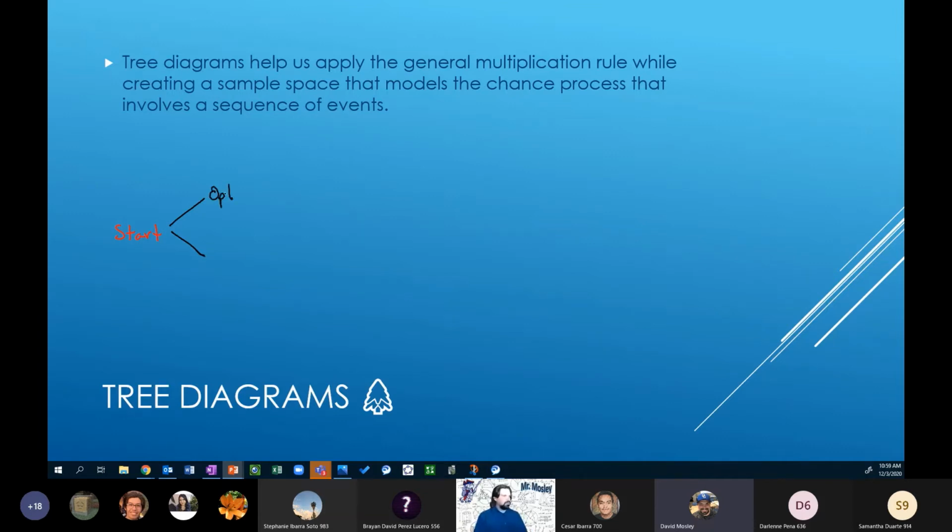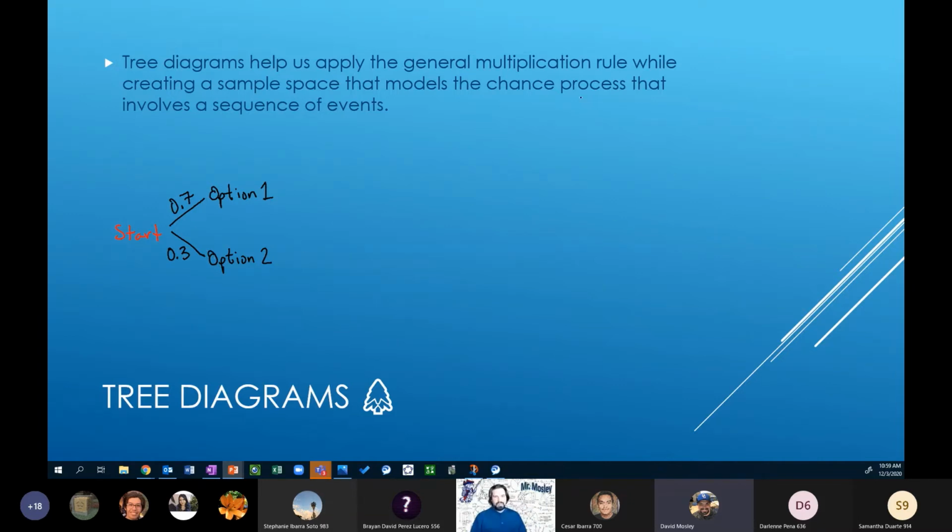Say option 1 and option 2, and maybe option 1 has a probability of 0.7, and option 2 has the remaining probability, because there's only two choices, so it has to make up the difference to get to 1, 0.3.